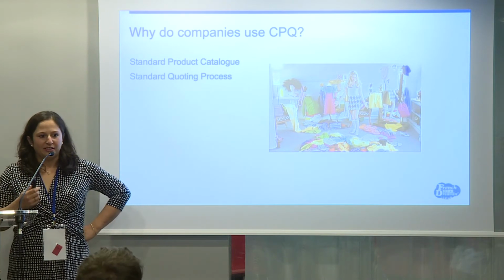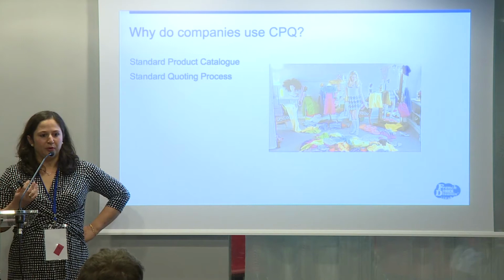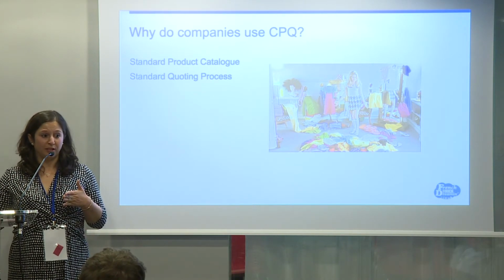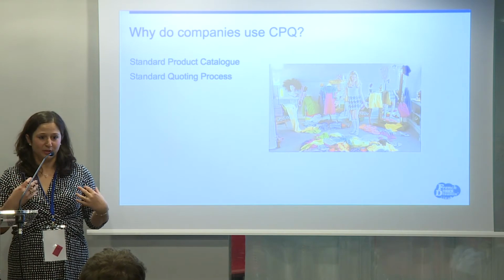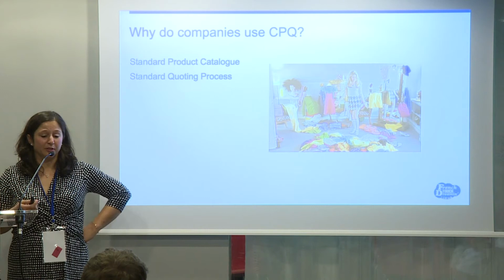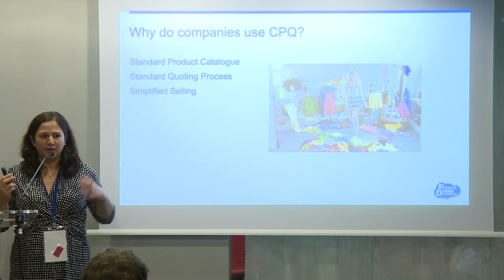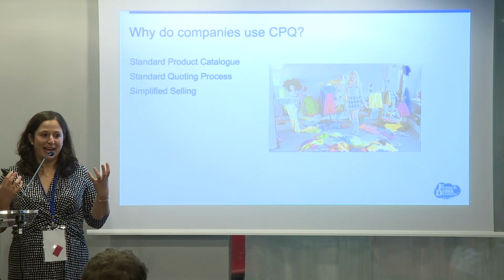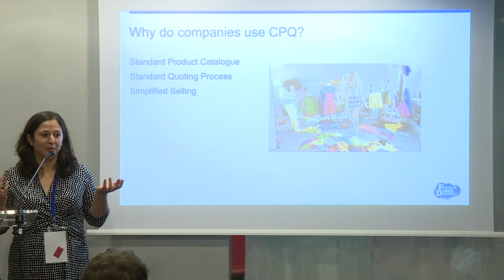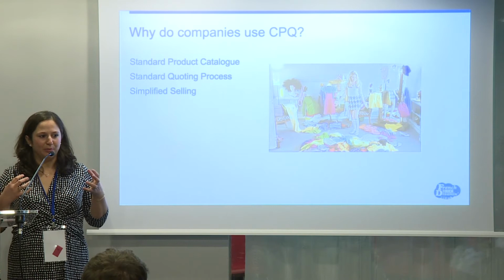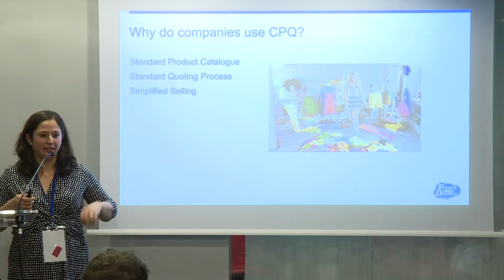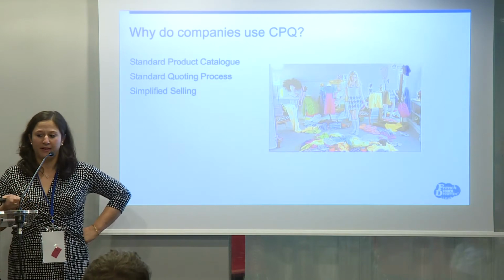You also want to standardize the quoting process, both for that salesperson, the steps that they need to follow to get to a quote for a customer, and the steps that the customer gets on their side when they're going through the sales cycle with a salesperson. Both of these together, I think, take a lot of the ambiguity out of a sales process, and make it so that salespeople can focus on selling and not focus on all of the small details that CPQ covers for you.